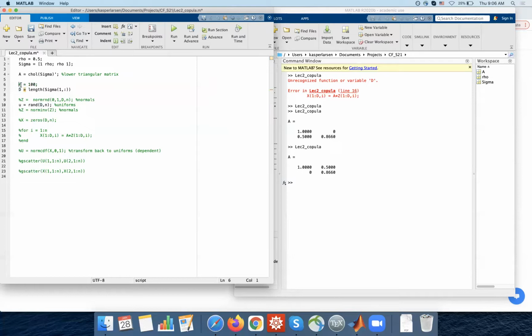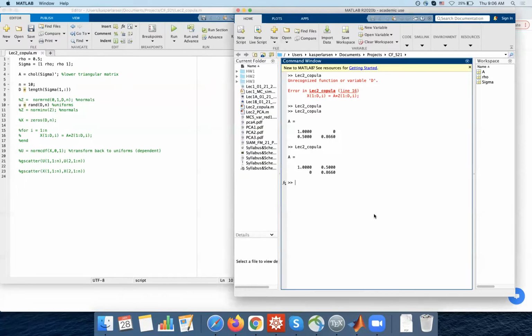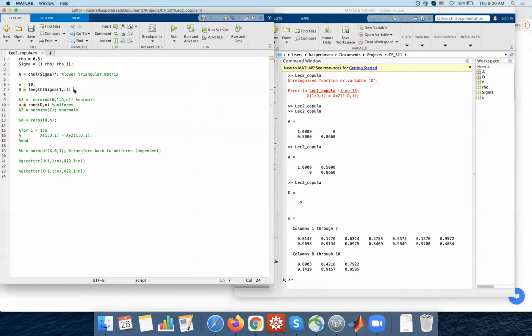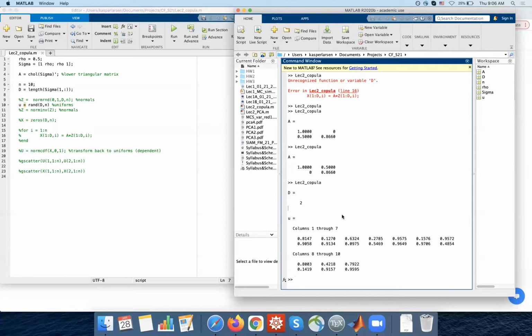If I want 10 samples, I'll store them in a matrix that I call little u. This will give me a matrix with 2 rows and 10 samples, so we'd be simulating 10 pairs of uniforms.